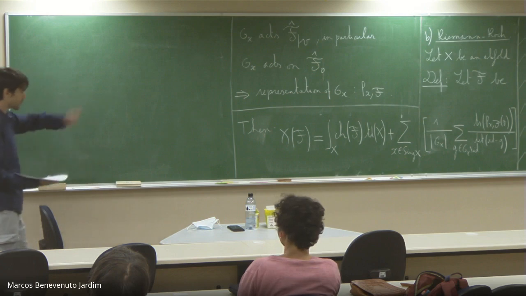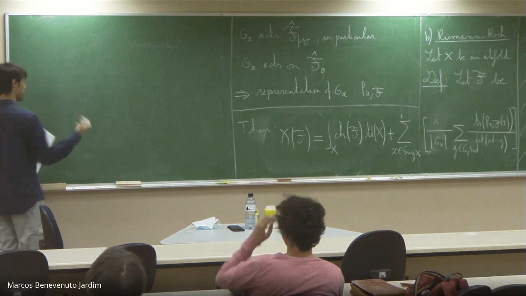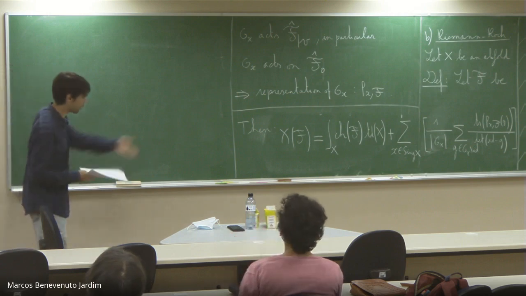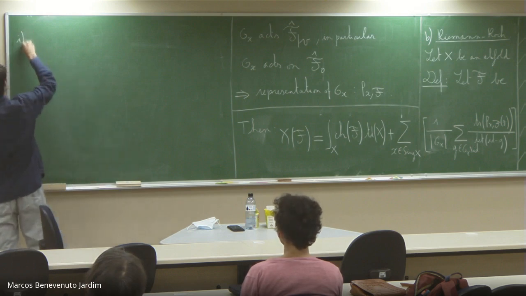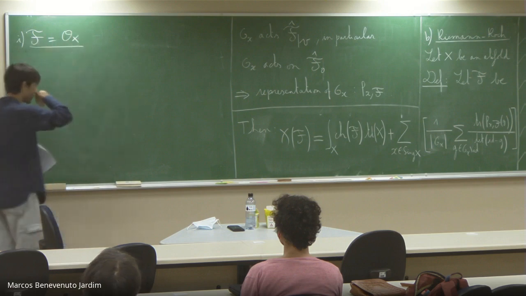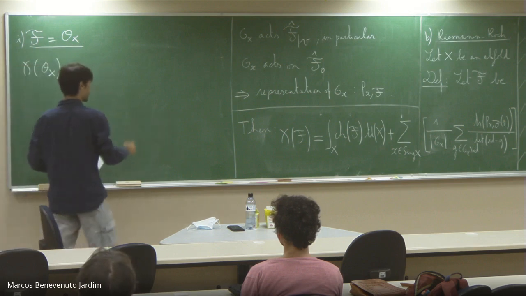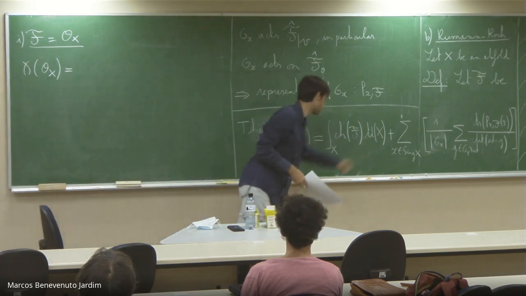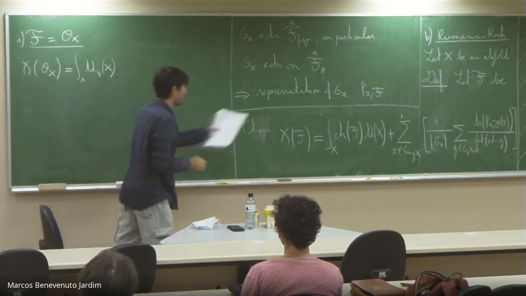Okay, so let's try to apply this theorem. The first idea is to apply it for the simplest bundle that we can. So let's apply it for F equal to O_X, and see what we obtain. So the Euler characteristic of O_X is equal to, so here this will be 1, so there is only the top form, we'll have only Todd_4 of X. And then the sum.